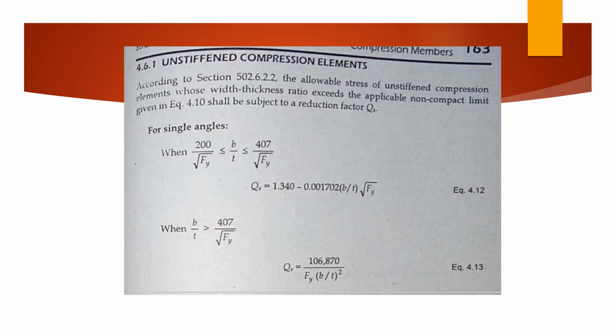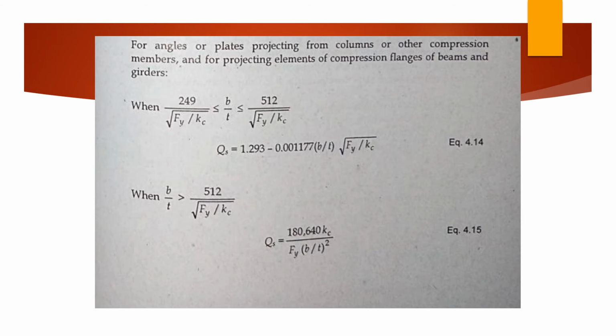And when B over T is greater than 407 over square root of Fy, our reduction factor is 106,870 over Fy times B over T squared. So, that is the reduction factor for angle members.